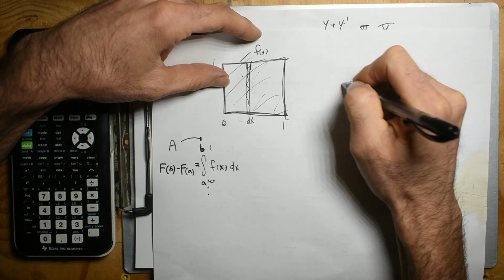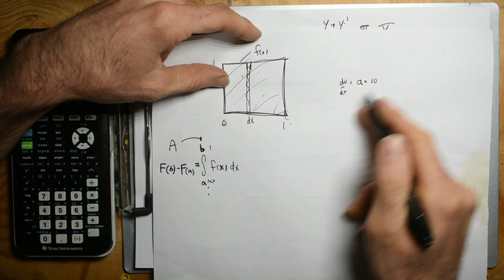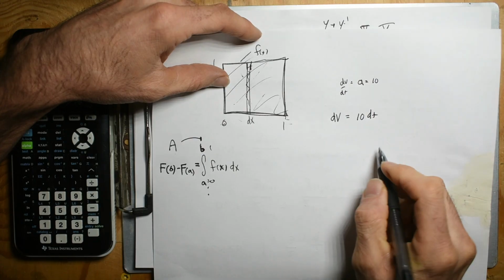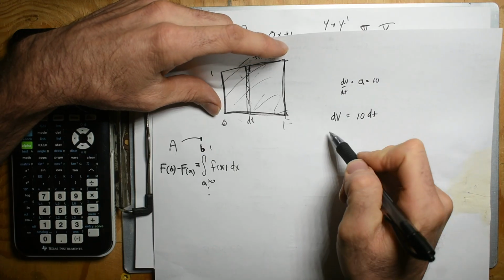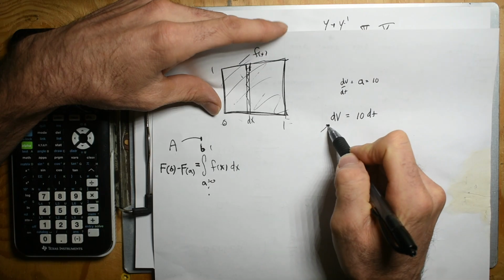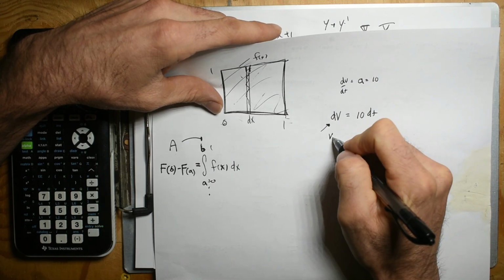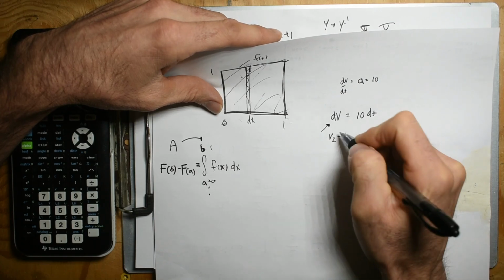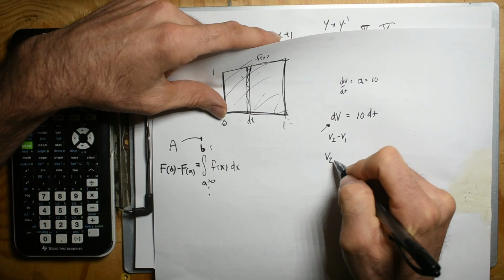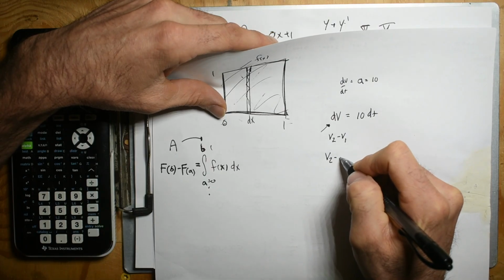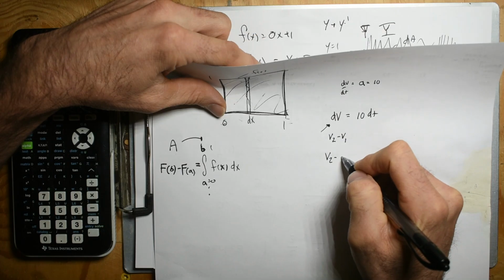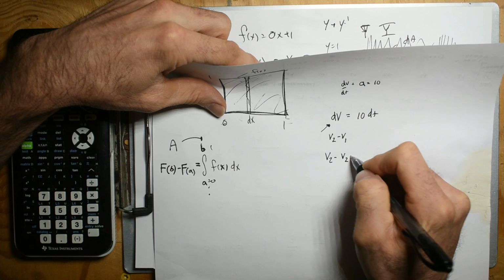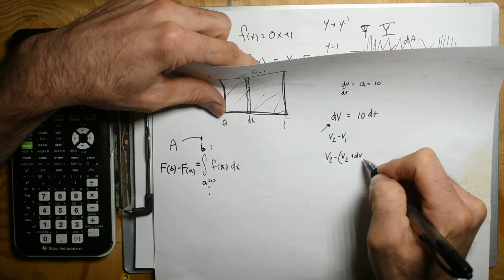And this represents dv dt, and you use separation of variables to get dv is equal to 10 dt, and this is a change in velocity, between velocity 2 minus velocity 1, which is the same thing as velocity 2 minus velocity 2 plus dv.